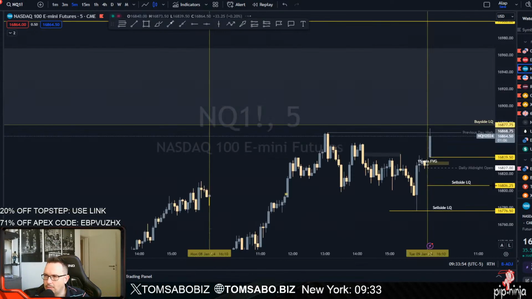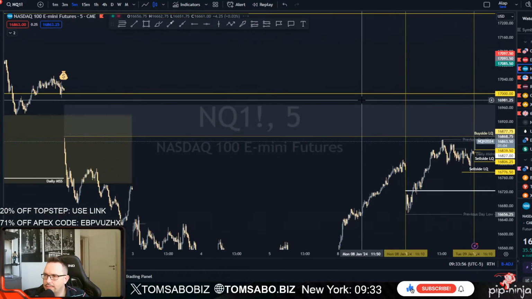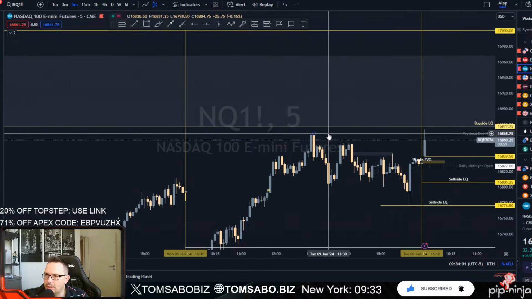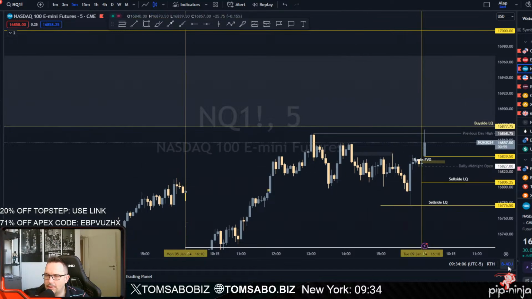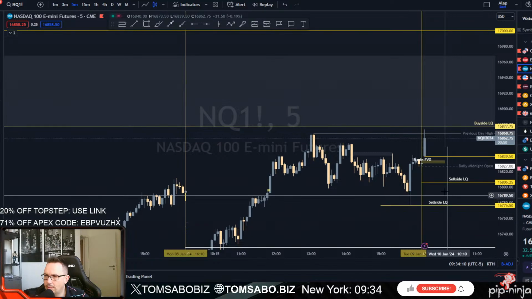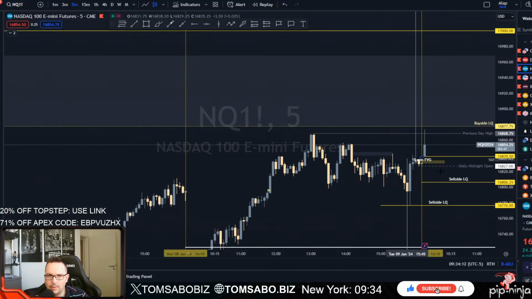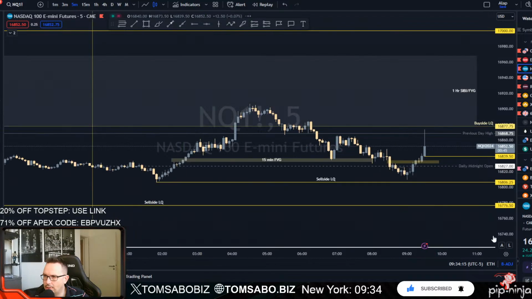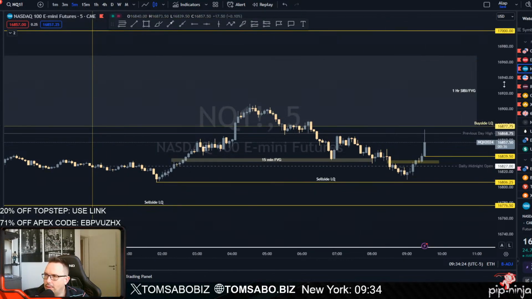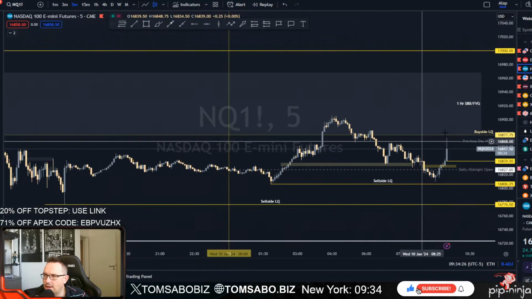Let me check this gap one more time. Took out the high from yesterday, and now it can go for the gap. It can go for the gap if it wants to. Look at that, it's gonna go for it. This is the 5 minute chart.